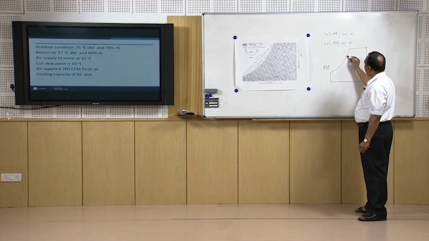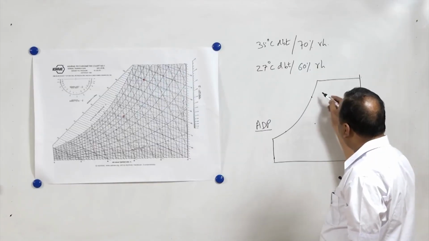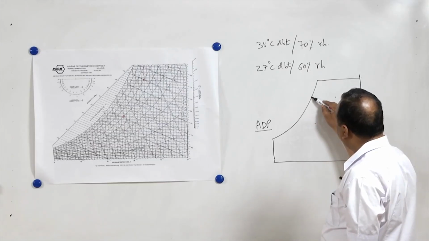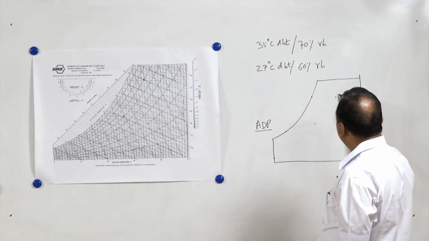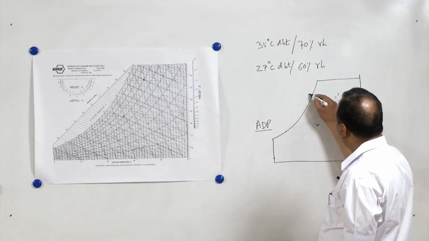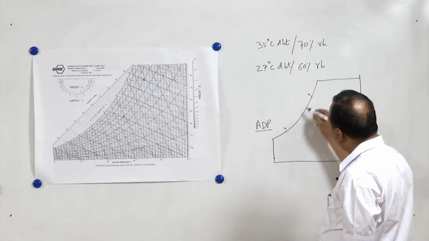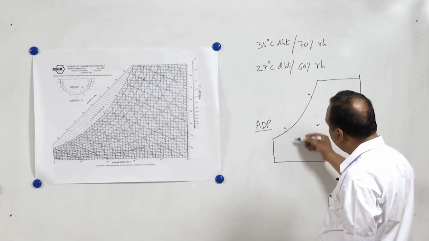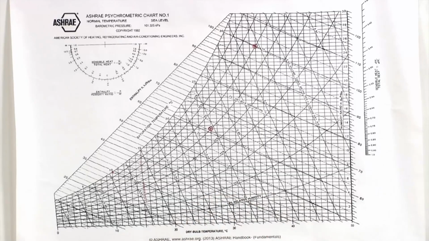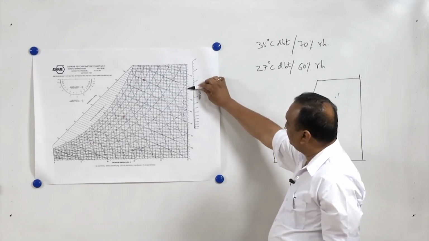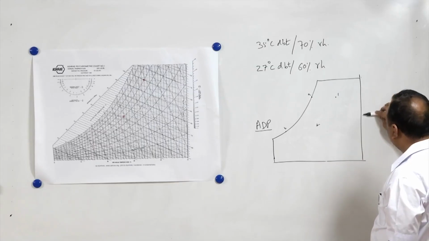Now after reaching this state, the air gets saturated during sensible cooling, and after sensible cooling, cooling with dehumidification starts. So throughout this process, let us say 1, 2, A and B. Throughout the process A to B, the cooling of the coil takes place, because you can see the dry bulb temperature keeps on reducing in this direction, and at the same time specific humidity, which is depicted here on the y axis, also comes down.